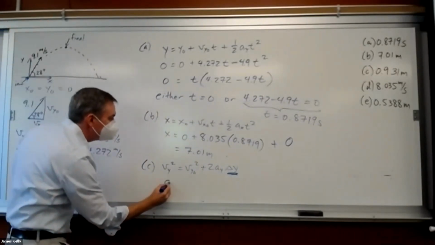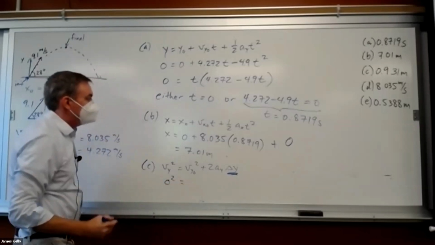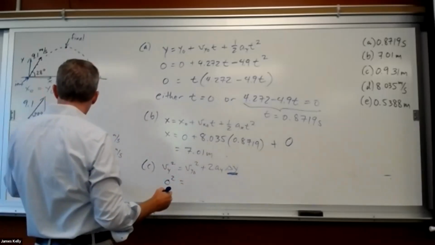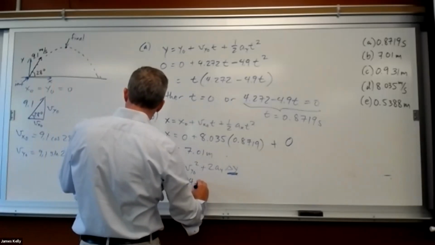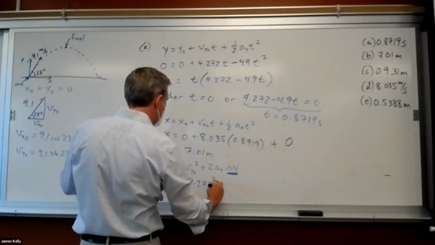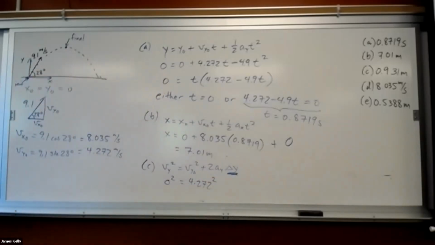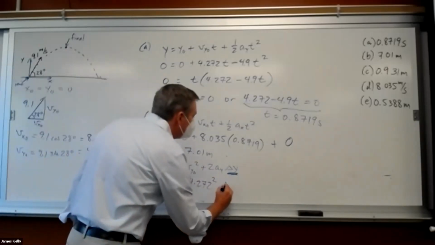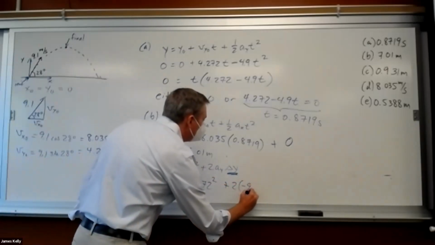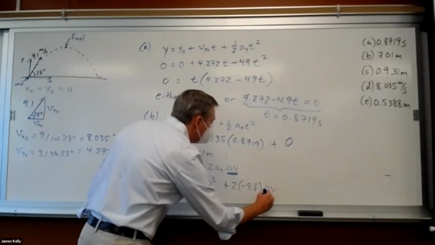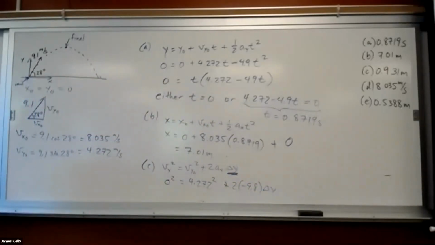So this is 0 squared. Vy 0, we already calculated, 4.272. Don't forget the square that goes on there. Plus 2 times minus 9.8 times delta y. So I can just solve for that delta y in my calculator. And the number's up there on the right, 0.931 meters.